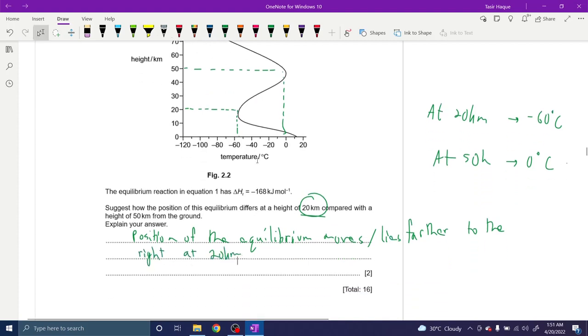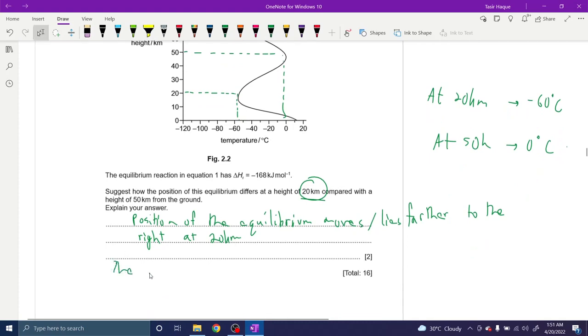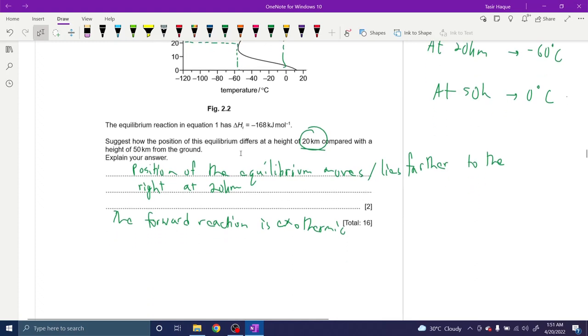Okay, why? This is because the forward reaction is exothermic. We know Le Chatelier's principle states that the system will oppose the change. And we need to mention that the forward reaction is exothermic, and that the temperature is colder at 20 km.